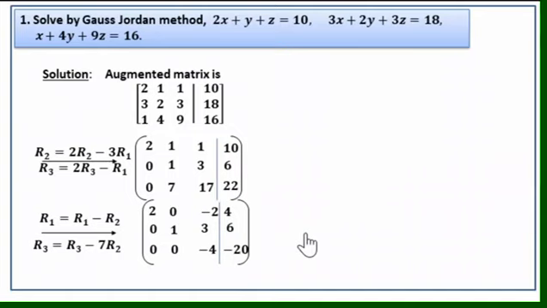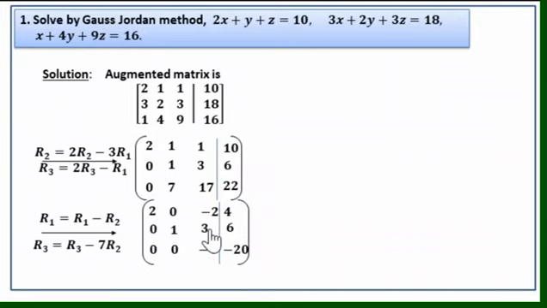So in the next step we make these two elements 0. So use the third row element and make changes in the first two rows. So no changes in the third row. The row operation for R1 will be R1 equal to minus 4R1 minus 2R3.